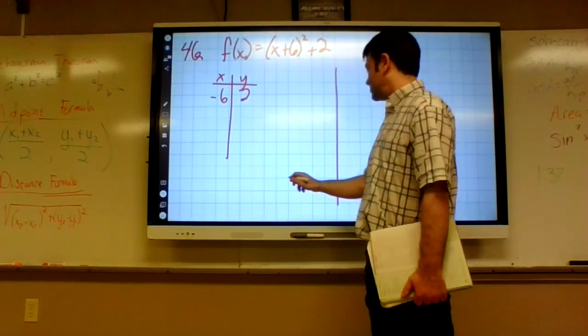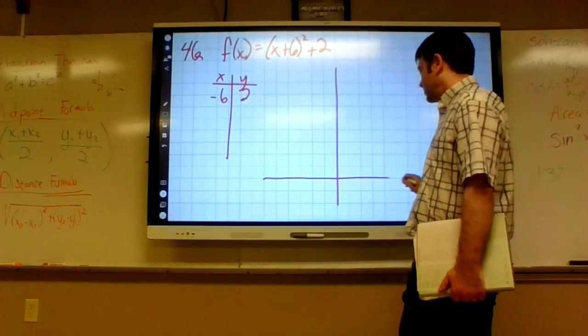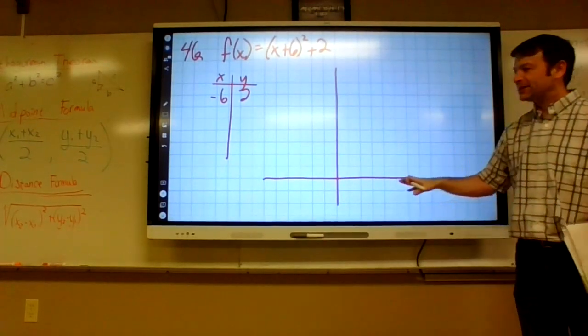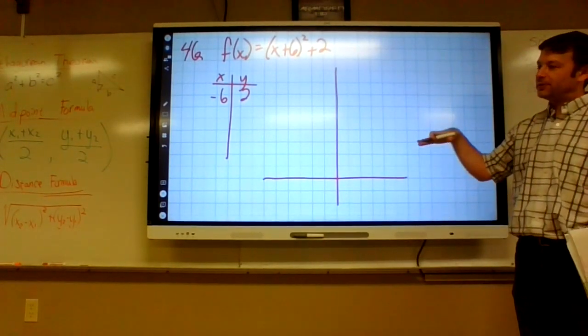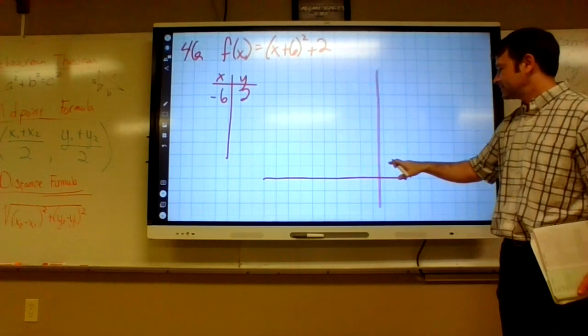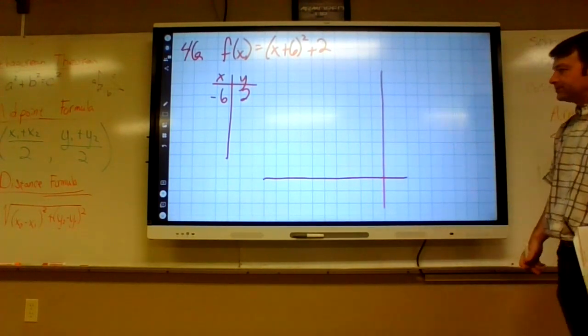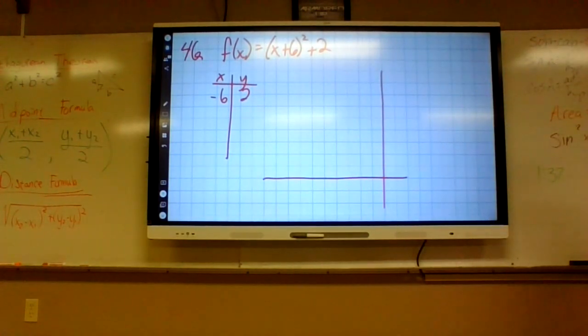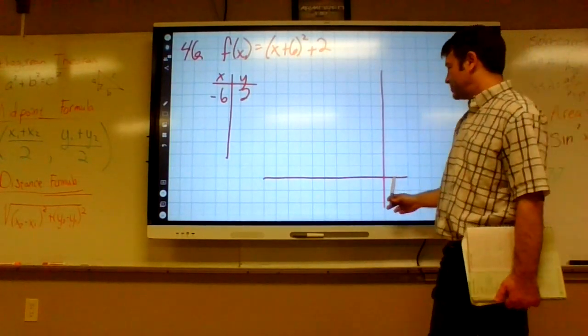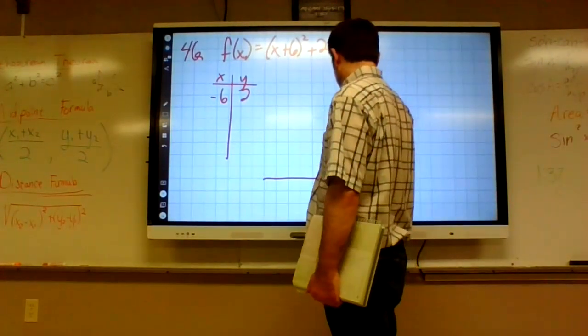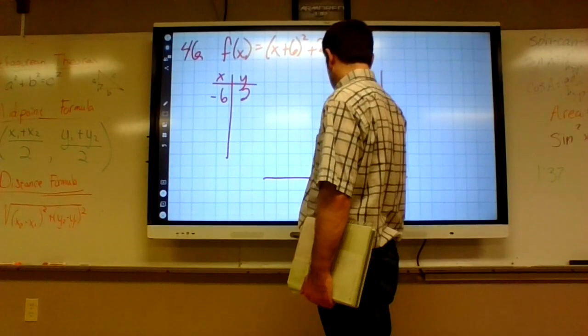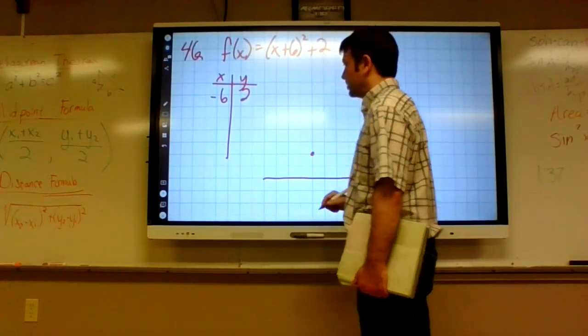So if it's negative 6, 2, you might want to put your x-axis low. Is it gonna be to the left a little bit? Yeah, negative 6, 2 is way over here, right? 1, 2, 3, 4, 5, 6. Negative 6, 2 is right there.